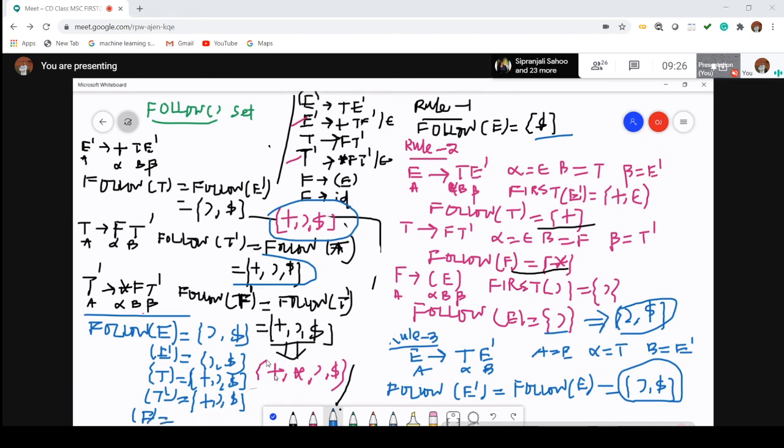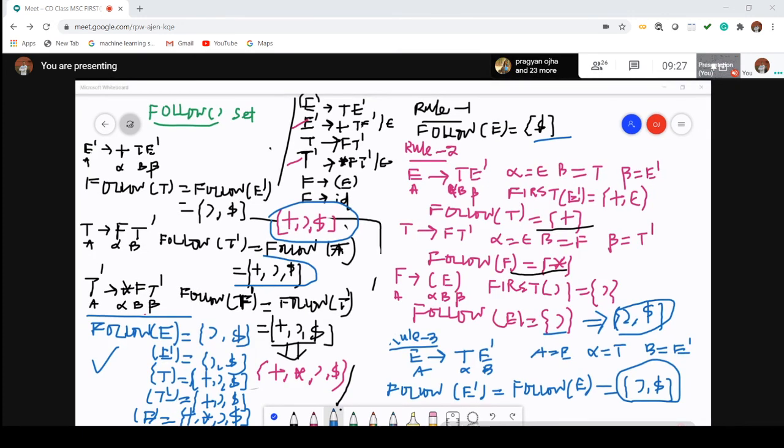Equal to plus, star, right parenthesis and dollar. Okay, now my follow set is completed. Just remember, calculate the follow set only for the non-terminal symbols. Calculate the first set for both terminal as well as non-terminal symbols. So this is the result of the follow set for the given problem. Okay.